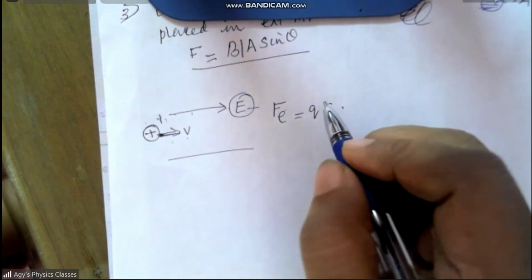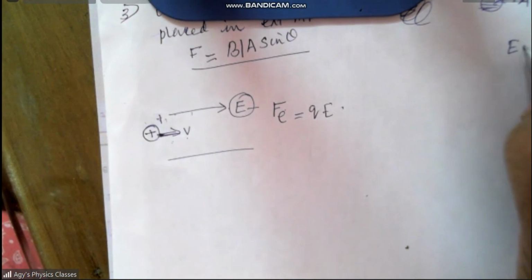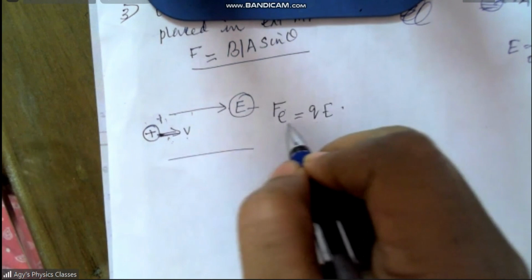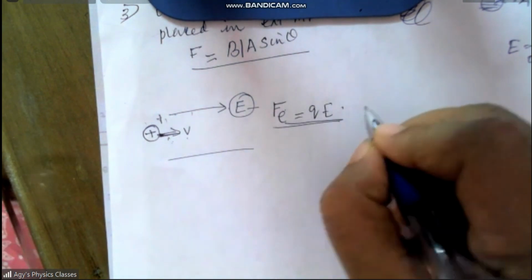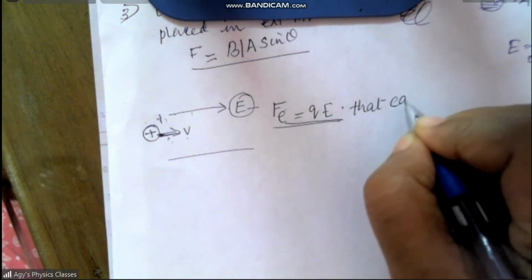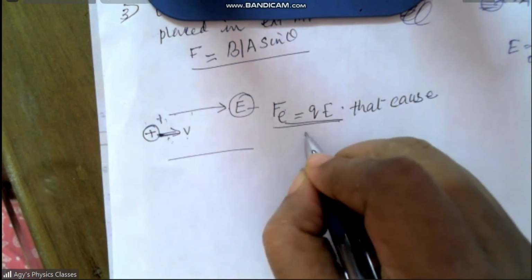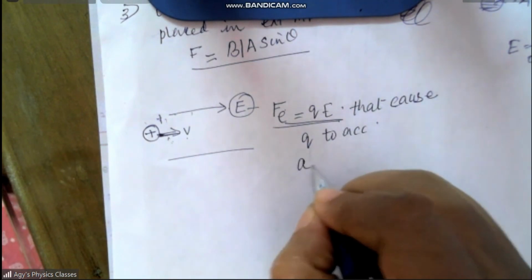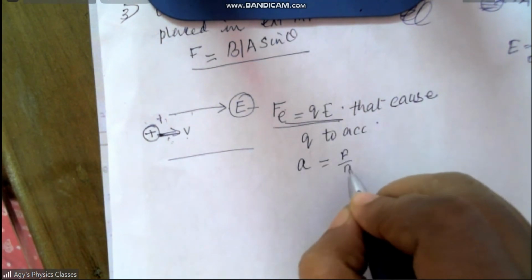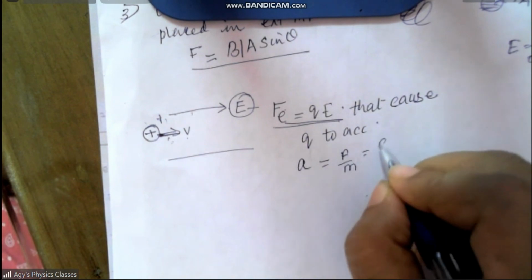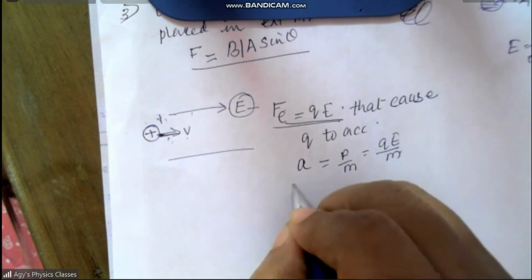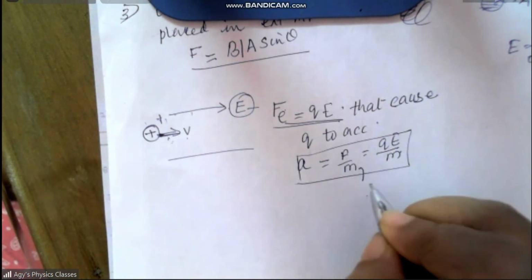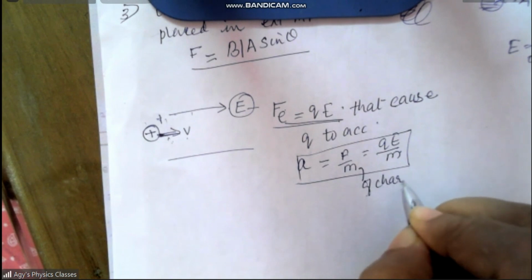Electric field strength is F by Q, so this will experience a force which is Q into E, that causes the charge to accelerate. So what is the acceleration of the charge? Force by mass, which is QE by M, the mass of this charge.